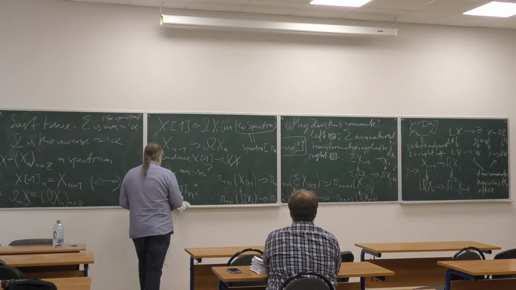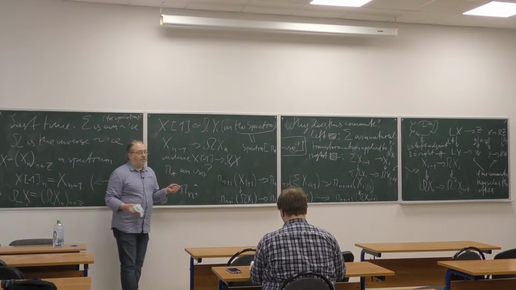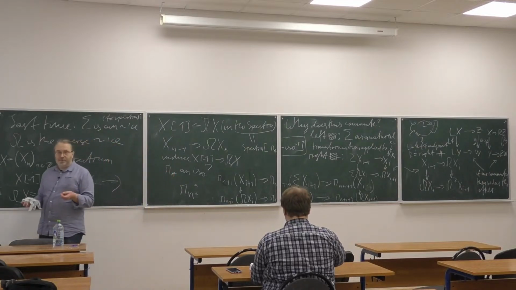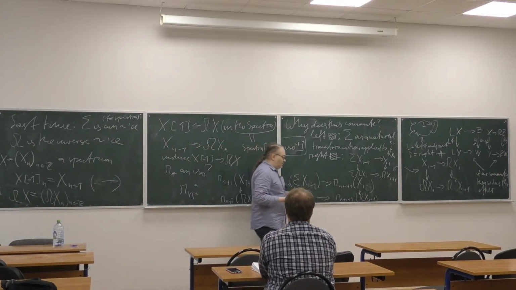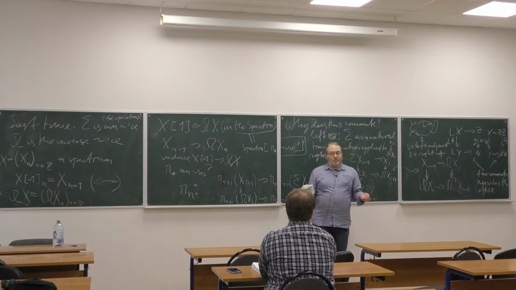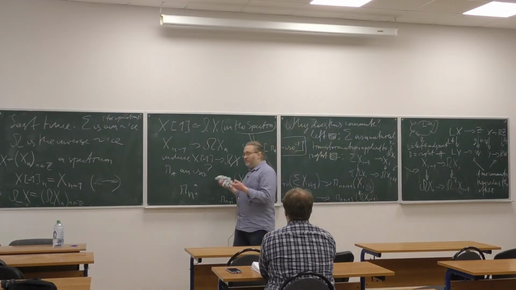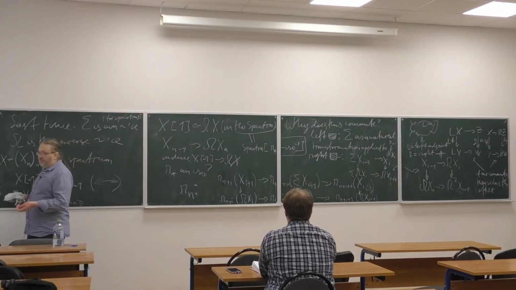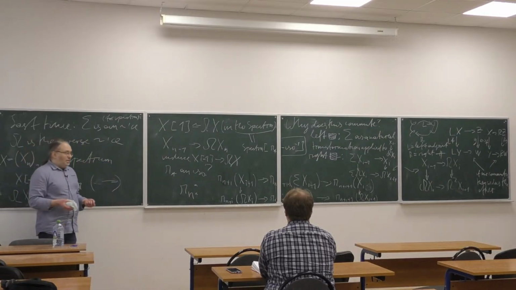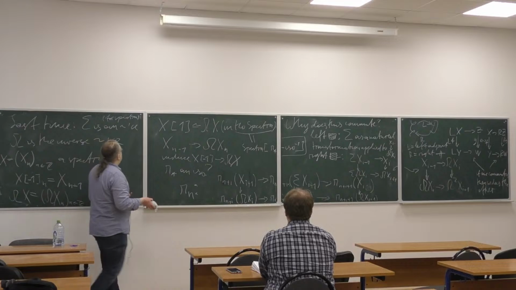So we now know that suspension and loop space, which are definitely not equivalences, auto-equivalences of the category of spaces, become auto-equivalences if we pass to spectra.